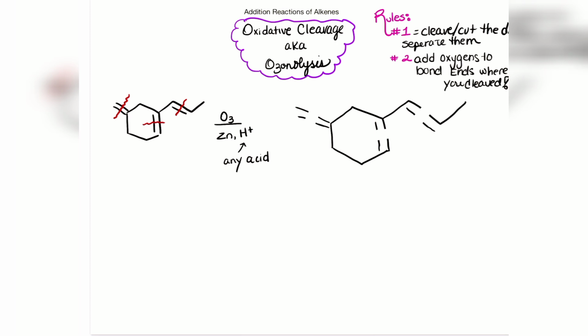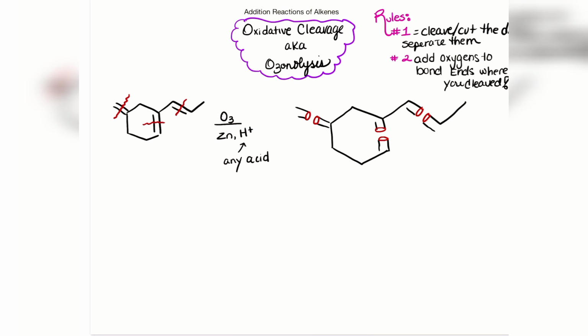So for this one, I would put an oxygen on this side and this side, because that was my actual cutting point right here. You do that for all of them, and you're done. I love O3.